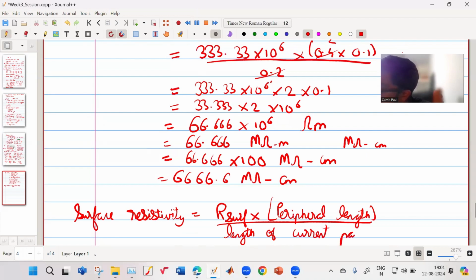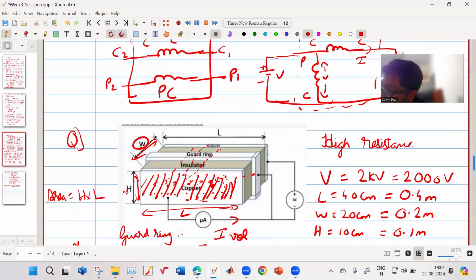तो ये जो सरफेस रेसिस्टिविटी है, वो सरफेस रेजिस्टेंस इनटू पेरिफेरल लेंथ, जो डिस्टेंस में that surface current will flow, divided by the length of the path. So I will explain.